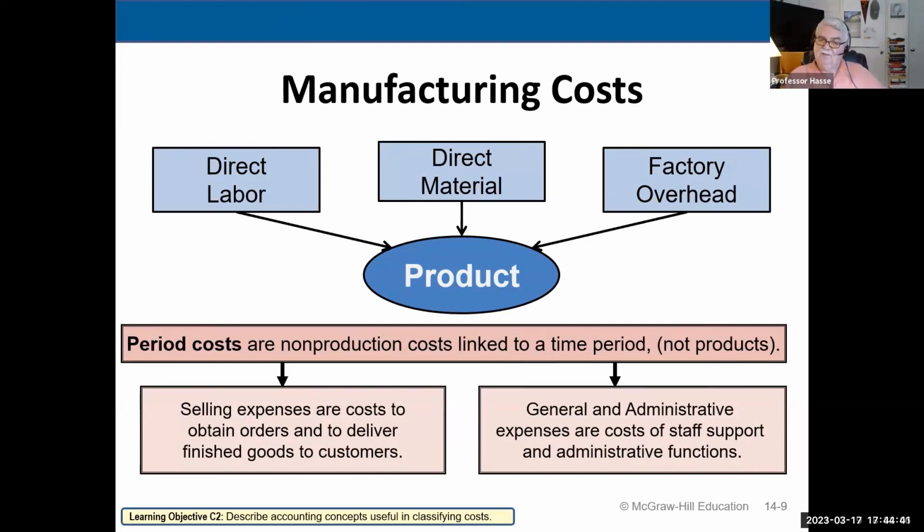Selling expenses are typical period costs. G&A expenses are typical period costs. If you're not actively involved in a production process of a company, you're a period cost. If you're an accountant, if you're in HR, if you're in IT, if you're in sales or marketing or advertising, you're a period cost.